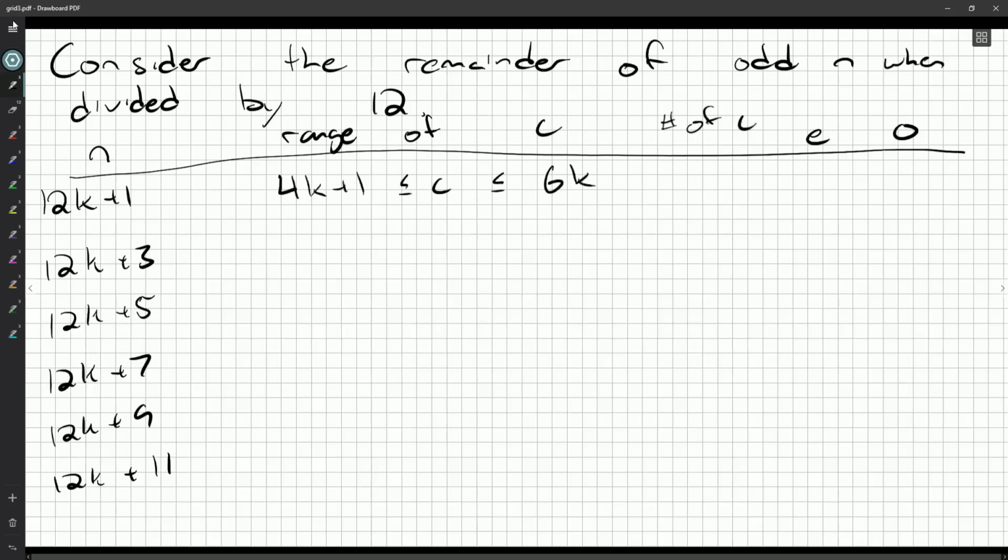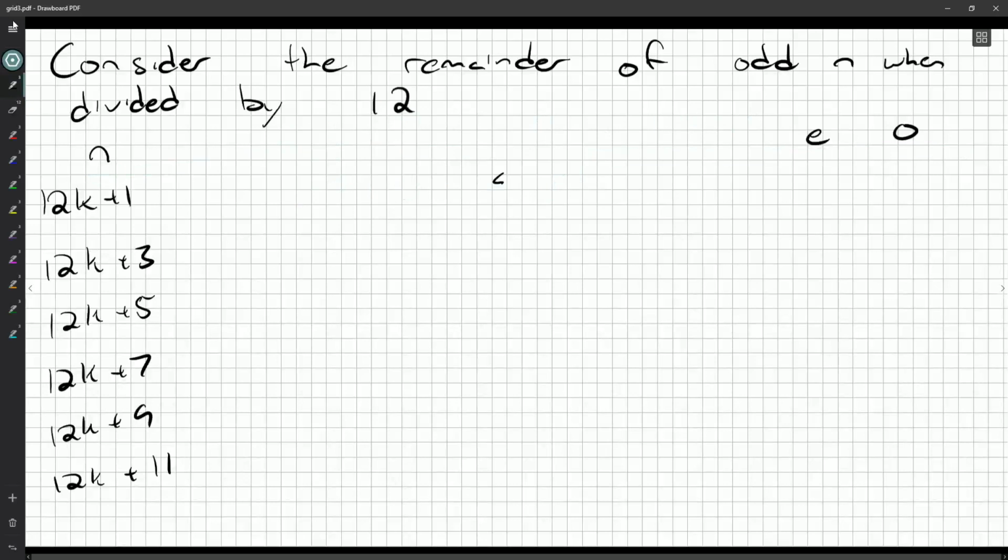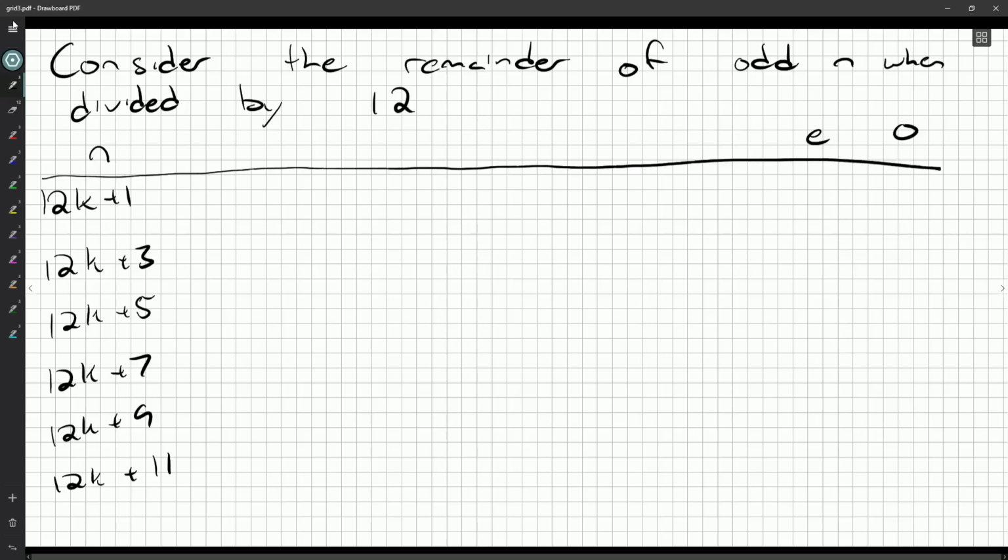So the range of c's and the number of c's. So 4k plus 1 is less than or equal to c, which is less than or equal to 6k.